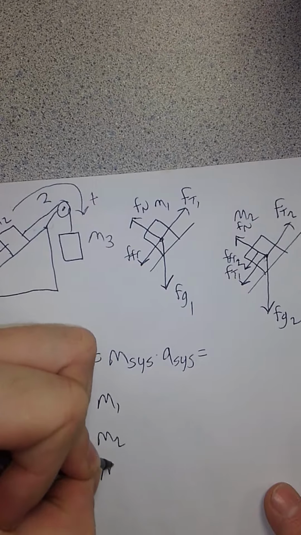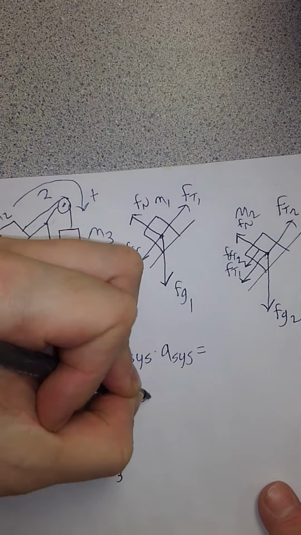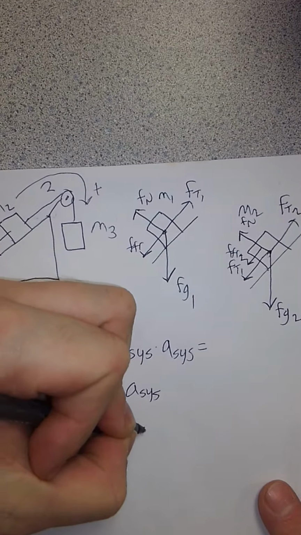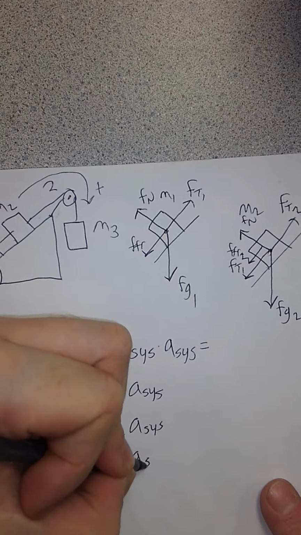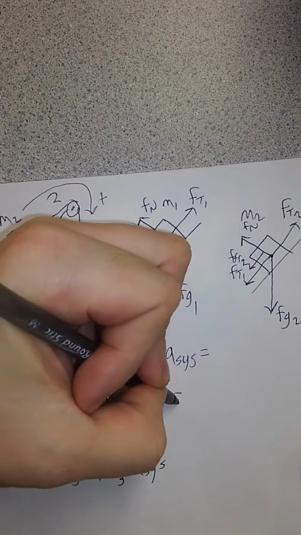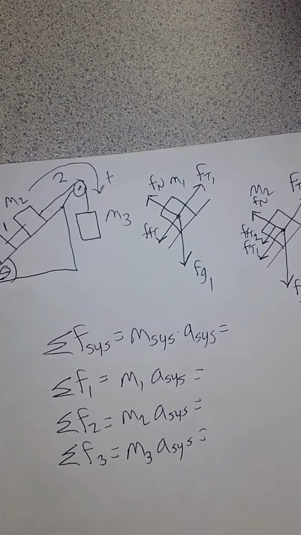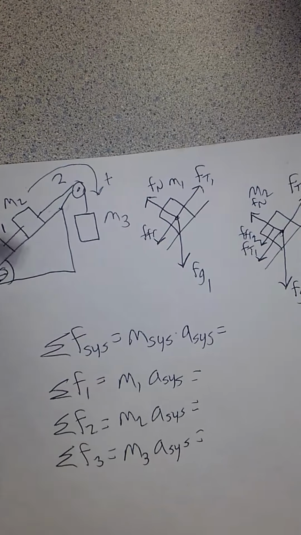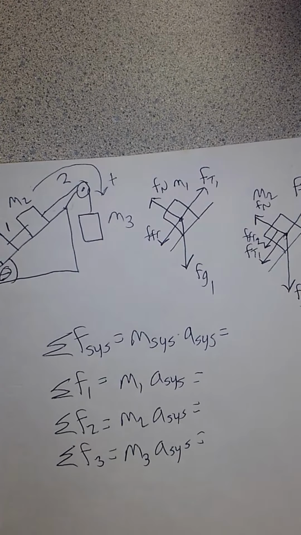Sum of the force on number 1, sum of the force on number 2, and then the sum of the force on number 3. Go ahead and get them all done right now. Equals mass 1, mass 2, mass 3, acceleration of the system, acceleration of the system, acceleration of the system. Equals.